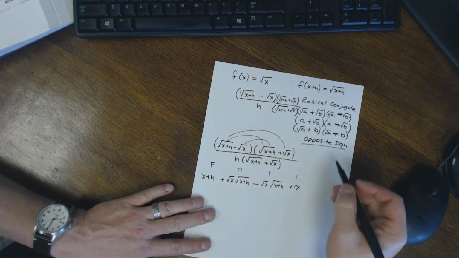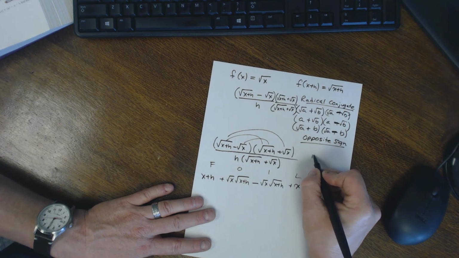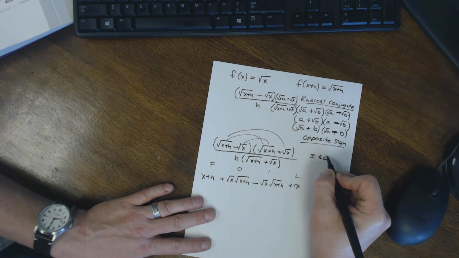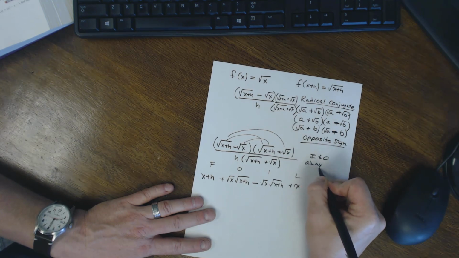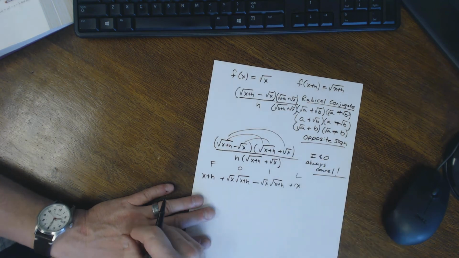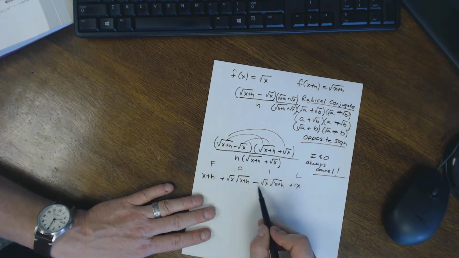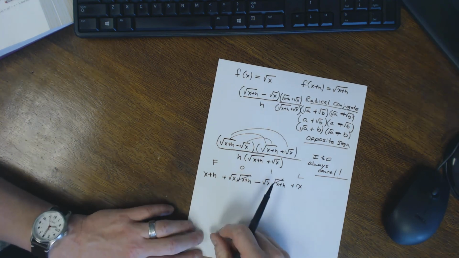Now I will tell you that with the radical conjugate, the inners and the outers will always cancel. We have positive this, negative this, so these immediately go away.